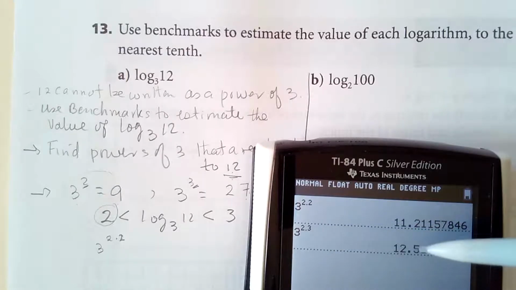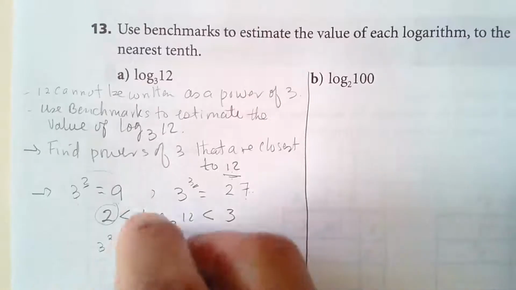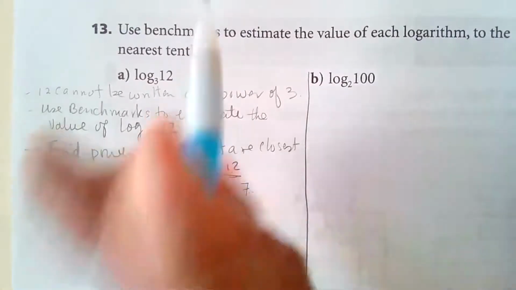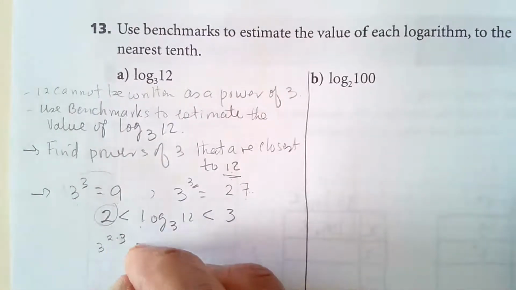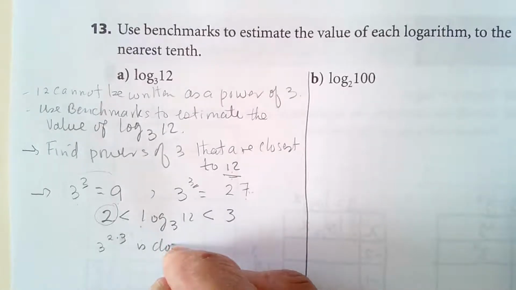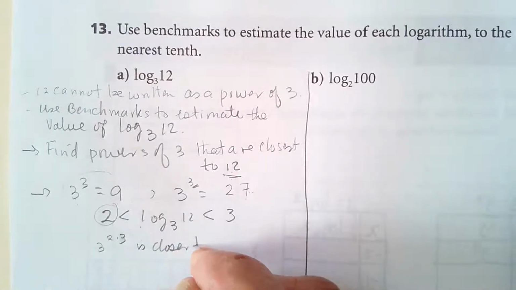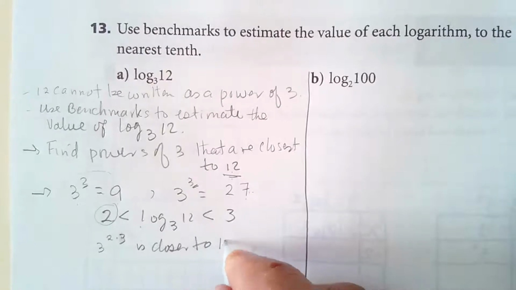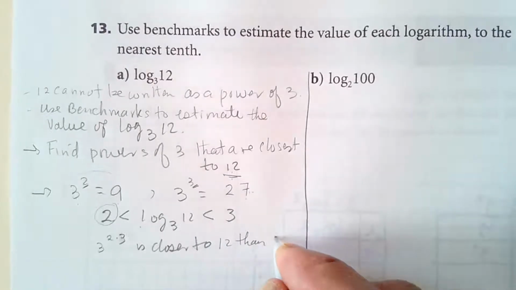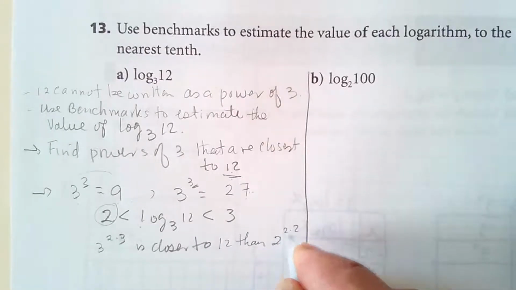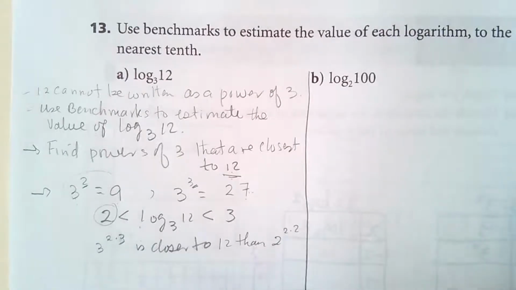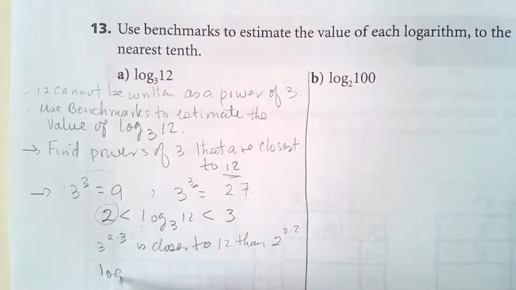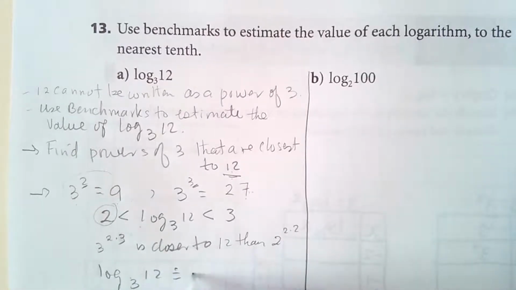It is closer to 12. So we'll put here closer to 12, and then 3 to the 2.2. So we can conclude that log 3 to the 12 is approximately 2.3.